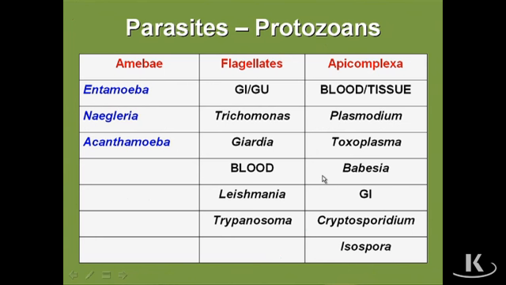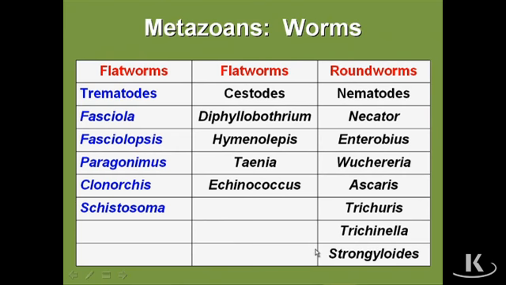Babesia is also fairly high yield for Step 1 because it causes co-infections with Lyme disease, so it's actually a fairly common parasitic infection in the U.S. The GI infections are also going to be important, but those show up predominantly in AIDS patients, and those definitely have found their way to Step 1 USMLE.